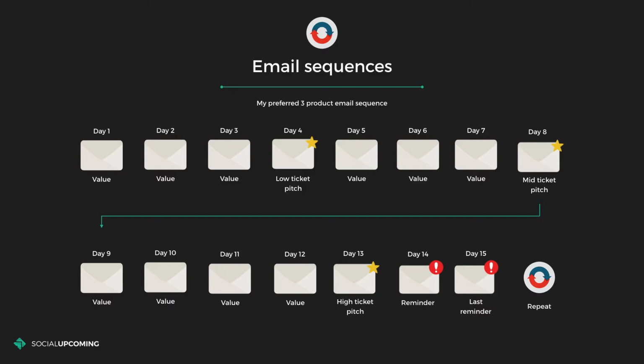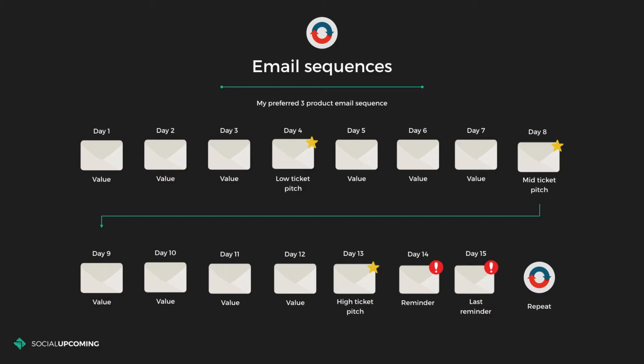After sending 3 days of free value, I typically do a low ticket pitch. A low ticket pitch is a product, or a more valuable ebook. Instead of just sending articles or emails with a length of 4 to 5 pages during day 2 and 3, I would compile an ebook of about 15 to 20 pages and promote this one.